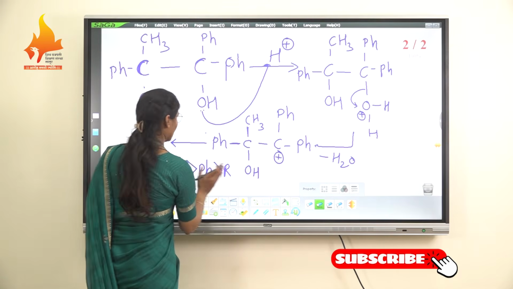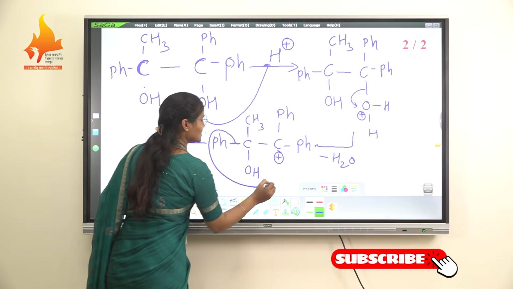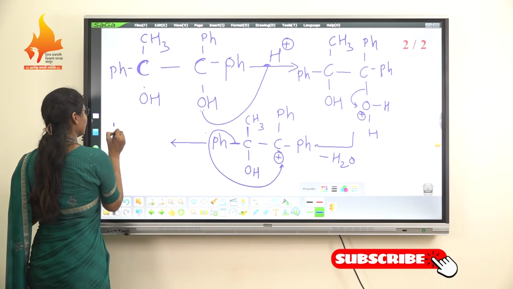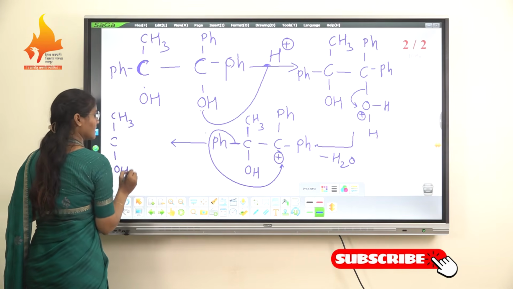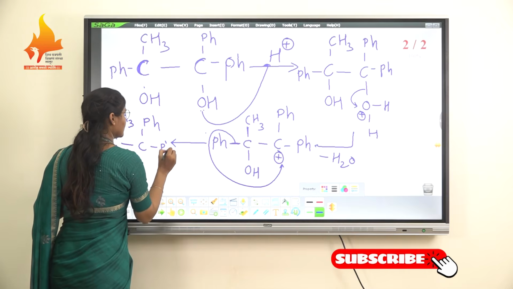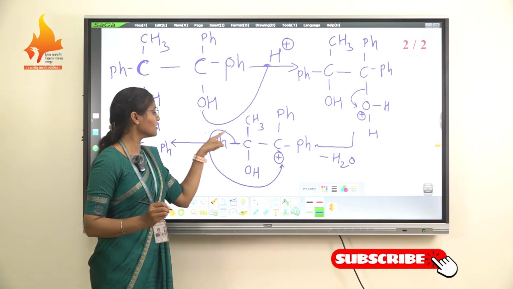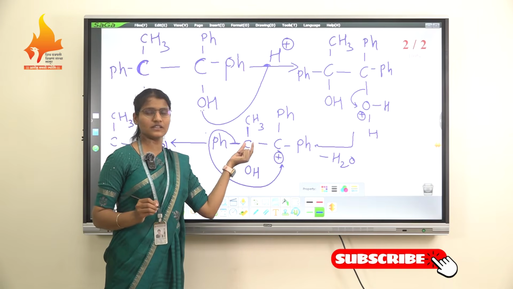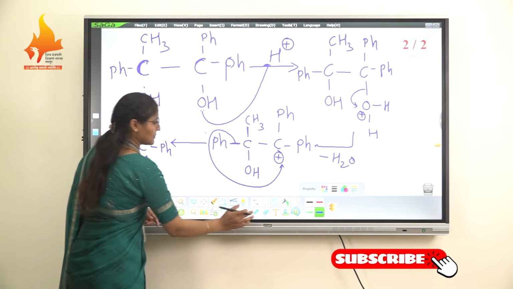So we migrate Ph to this carbon. We will get C, CH3, OH, C, Ph, Ph, and here Ph. After the migration of this group to this carbon, we will get positive charge on this carbon atom.